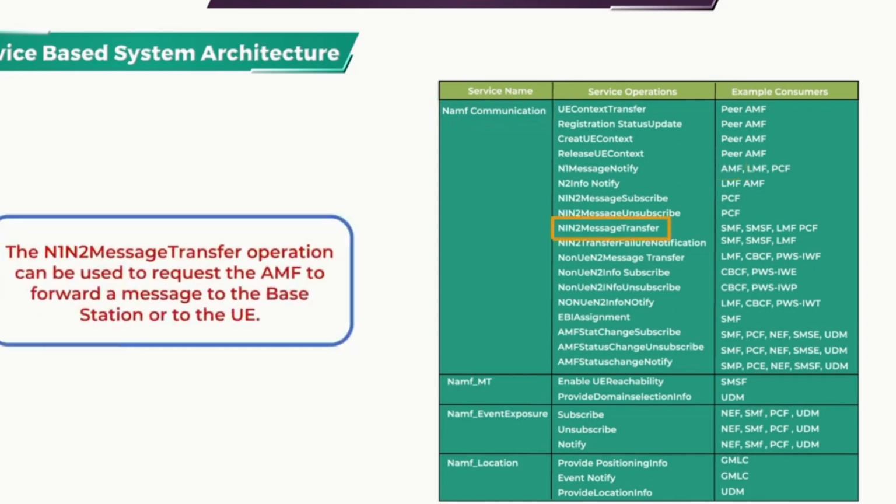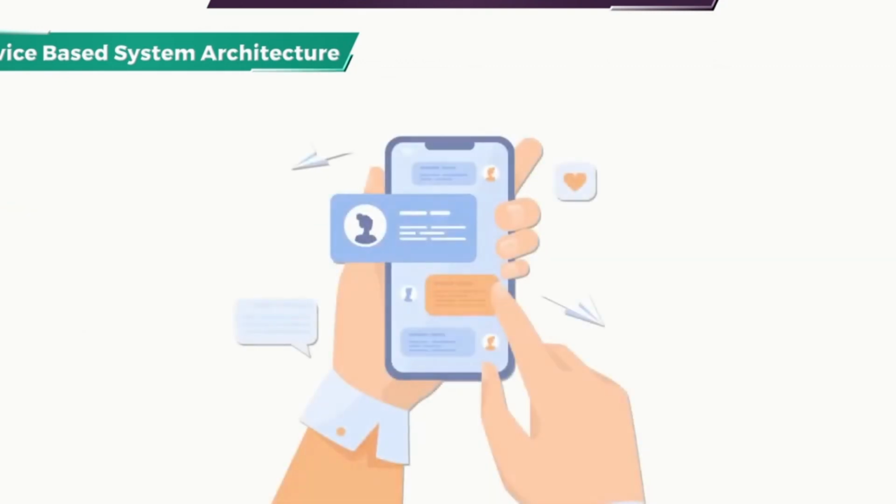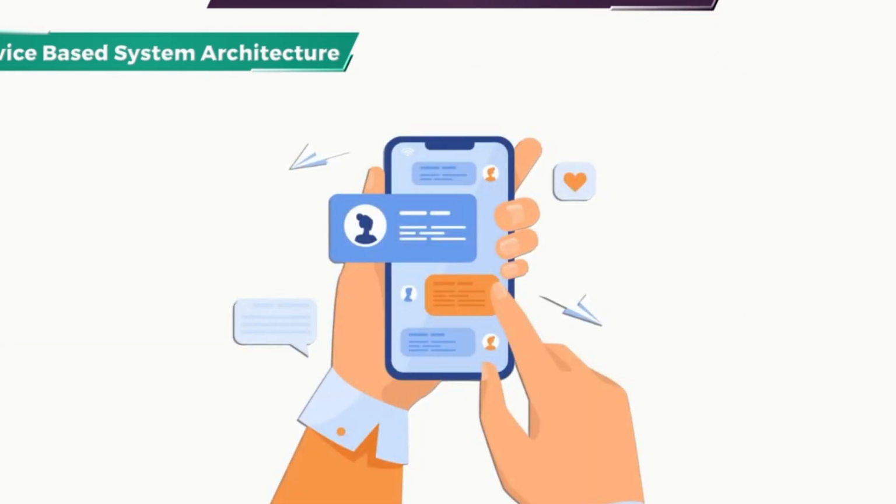The N1-N2 message transfer operation can be used to request the AMF to forward a message to the base station or to the UE. For example, the short message service function can use the service operation to forward an SMS over non-access stratum signaling towards the UE.